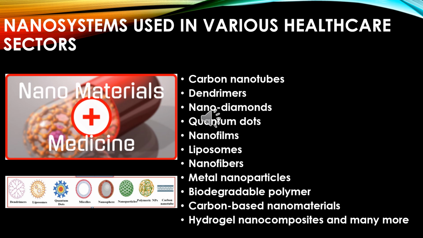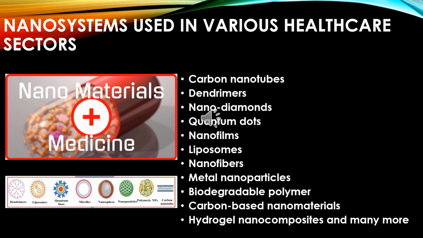Physical interaction is nothing but just encapsulating the drug inside these hollow spaces. Chemical interaction is either by means of electrostatic interactions or by means of covalent interaction. Hence, dendrimers are very important in carrying genes for targeted drug delivery.